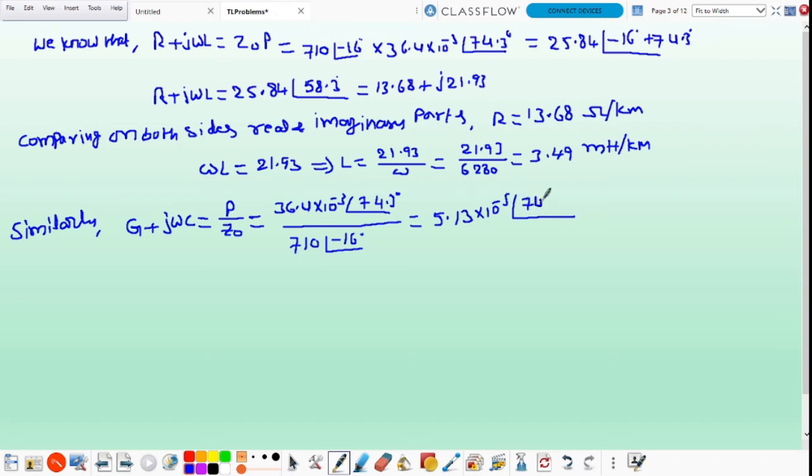So 74.3, and the denominator phase angle goes to the numerator, so we have minus of minus 16 degrees, that is plus 16 degrees.